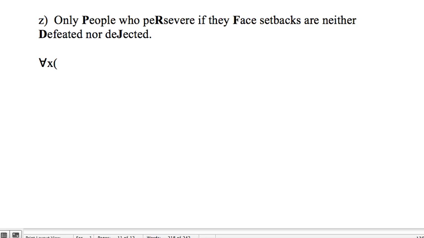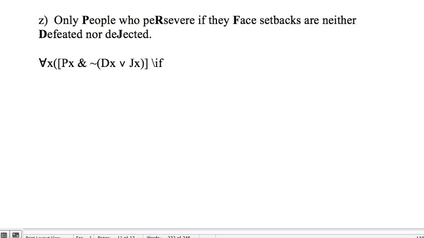It's not the worst mistake in the world, but it is really what's going on here. So if you're in the subject class, then you're a person and you're neither defeated nor dejected. There's another way to write neither nor, of course. It's up to you which way you do it.